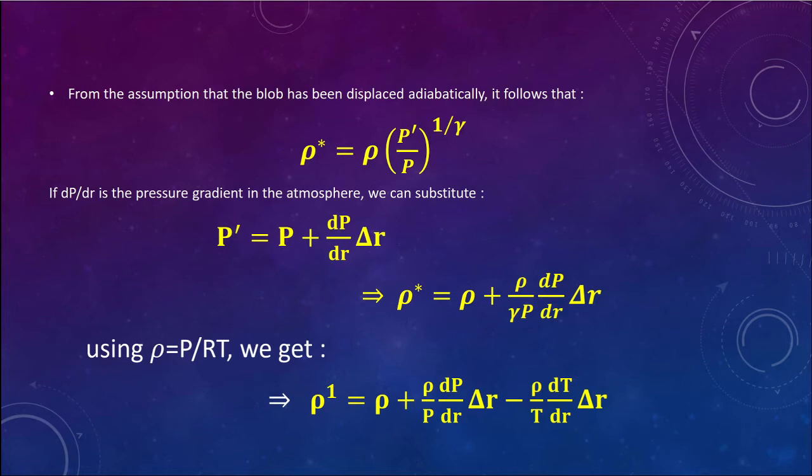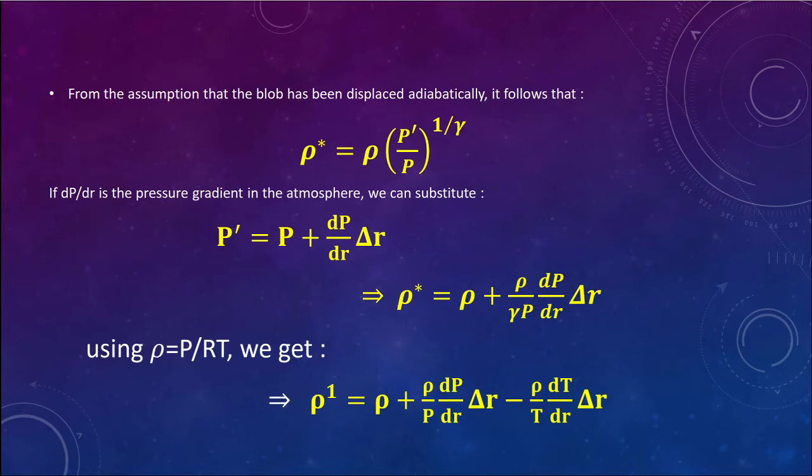We have assumed that the blob has been displaced adiabatically, that is, delta Q is equal to 0. So it follows that rho star is equal to rho times (P dash divided by P) to the power 1 by gamma. This is the common equation that we use for adiabatic processes in thermal physics.